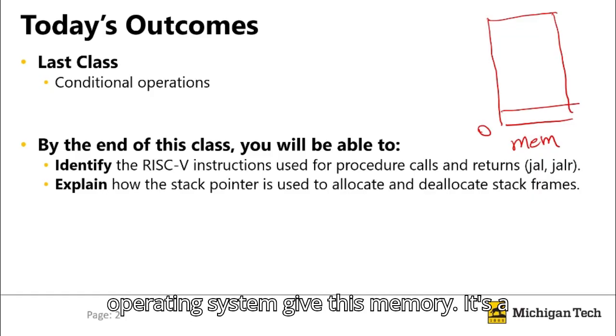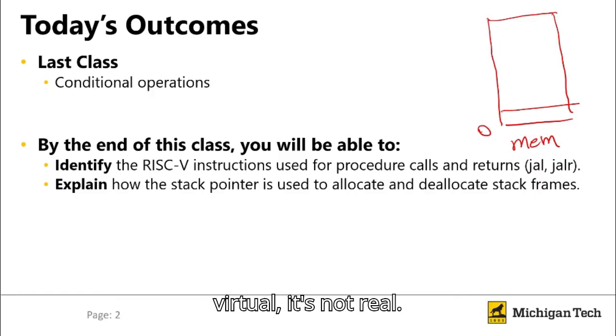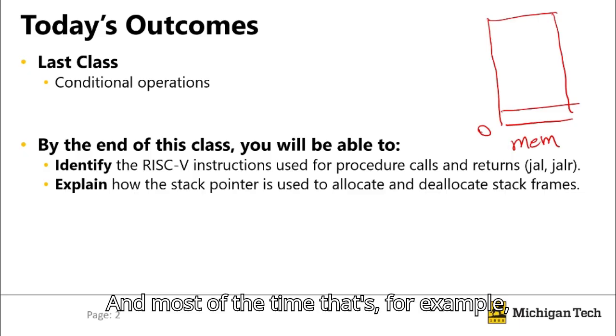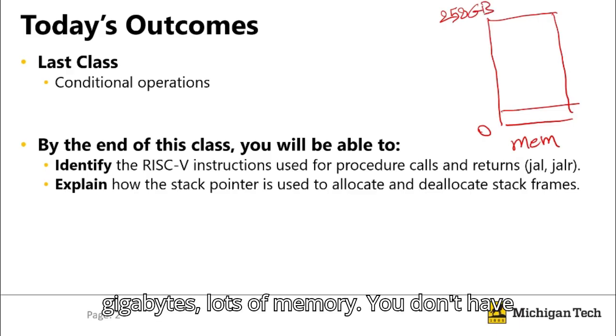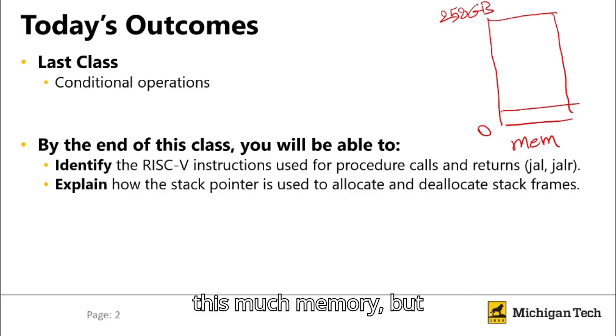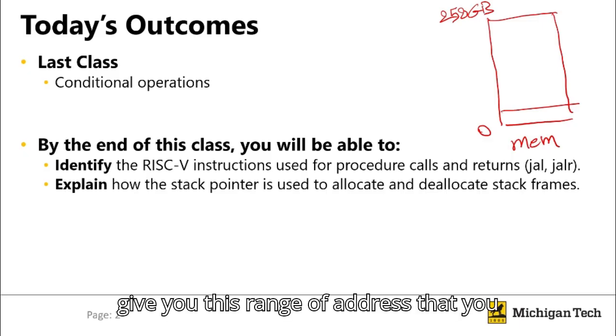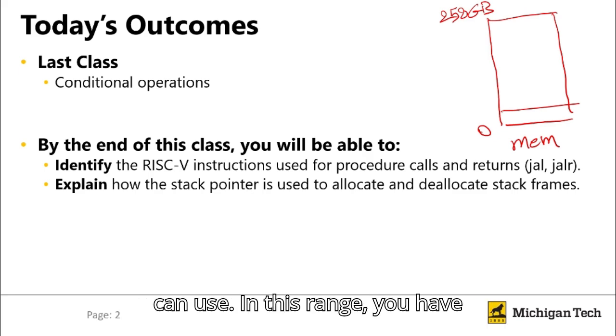The operating system gives this memory. It's virtual, it's not real. And most of the time it's, for example, 258 gigabytes, lots of memory. You don't have this much memory, but virtually the operating system gives you this range of addresses that you can use.